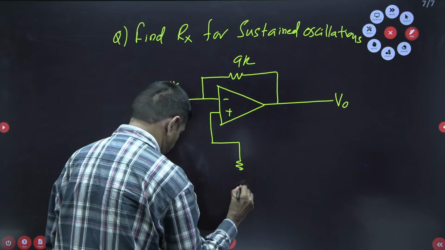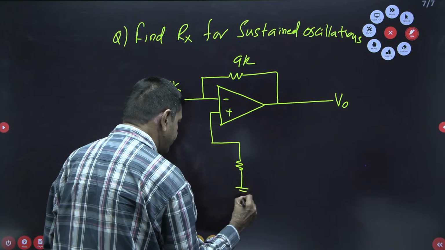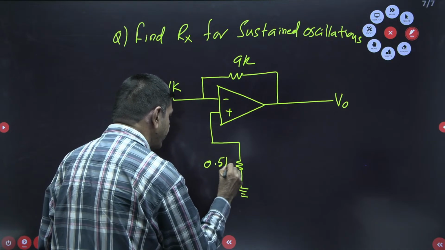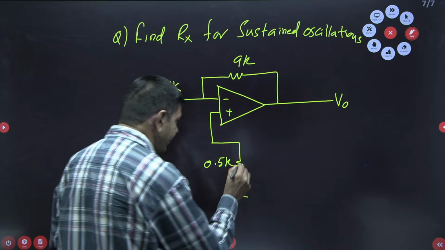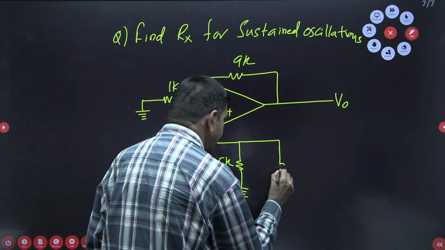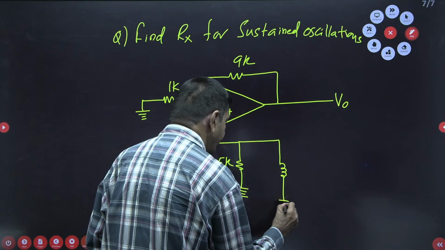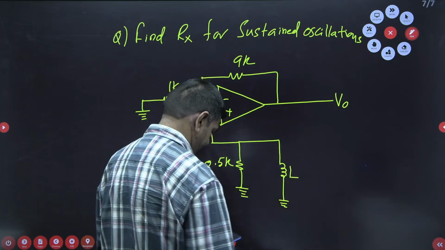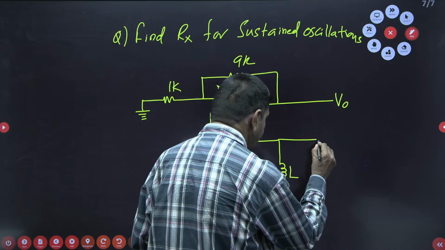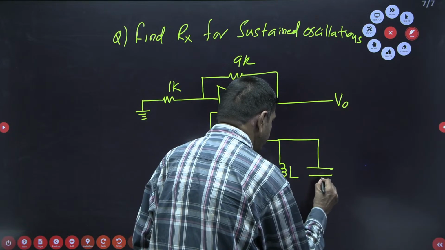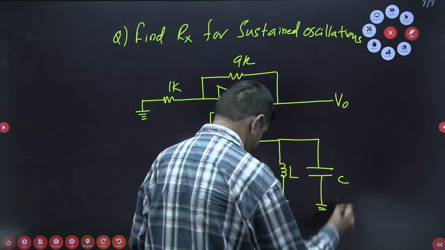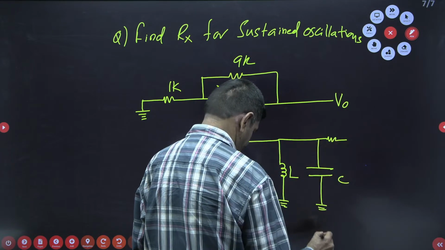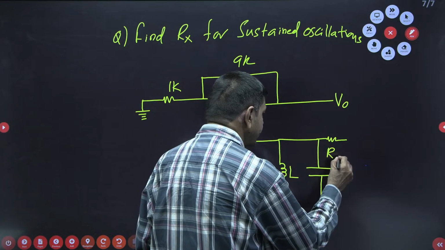You try to use your brain and give the answer. This is 0.5K. Here it is connected with an inductor. That inductor value is given as L. Here it is connected with one capacitor, also given as C. There is a resistor that is nothing but Rx.